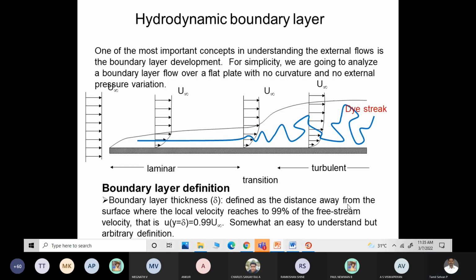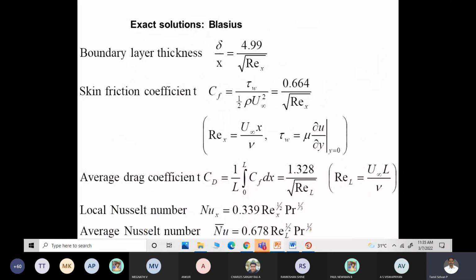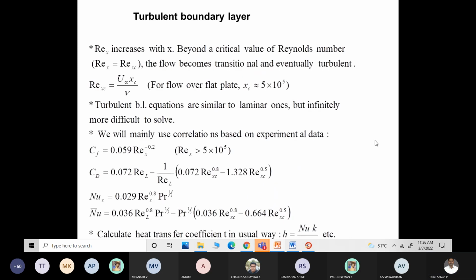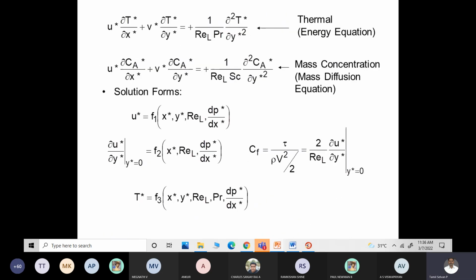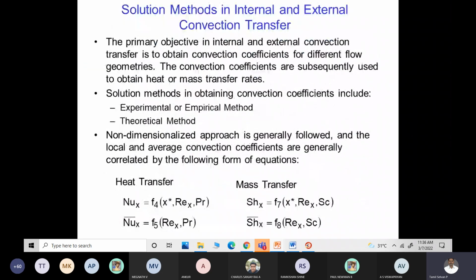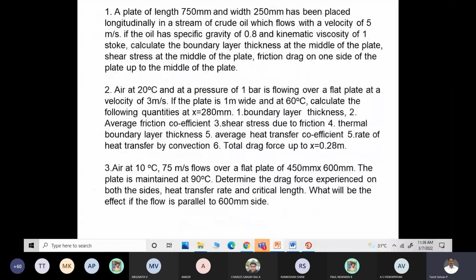Tomorrow also we will discuss this, and this particular slide is also very, very important: how to get the local friction coefficient, how to get the average friction coefficient, and how to find the heat transferred by means of convection. Tomorrow we will be discussing all these things again, the effect of Prandtl number, and I will upload this today itself and solve problem number 1 tomorrow.